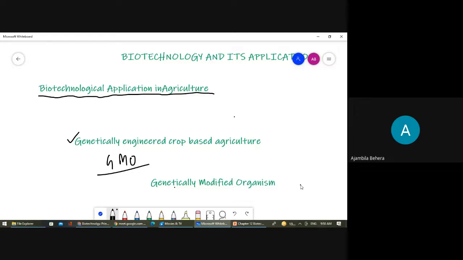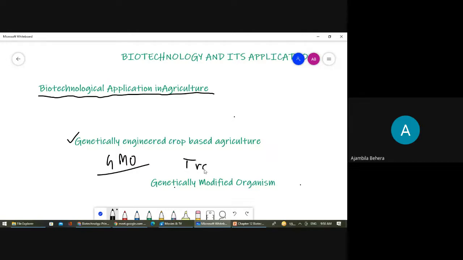So that product we obtain in that genetically modified organism. The organism can possess and express a foreign gene. That is why they are genetically modified organisms. When we go for production of genetically modified organisms, in case of plants, we can call them transgenic plants.